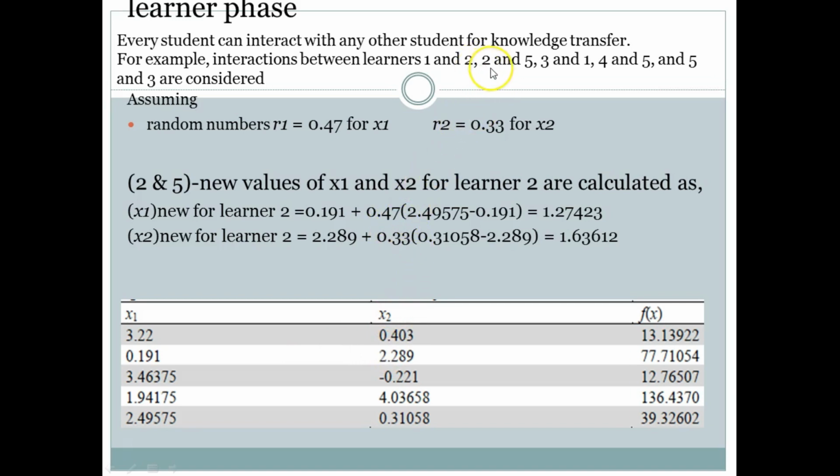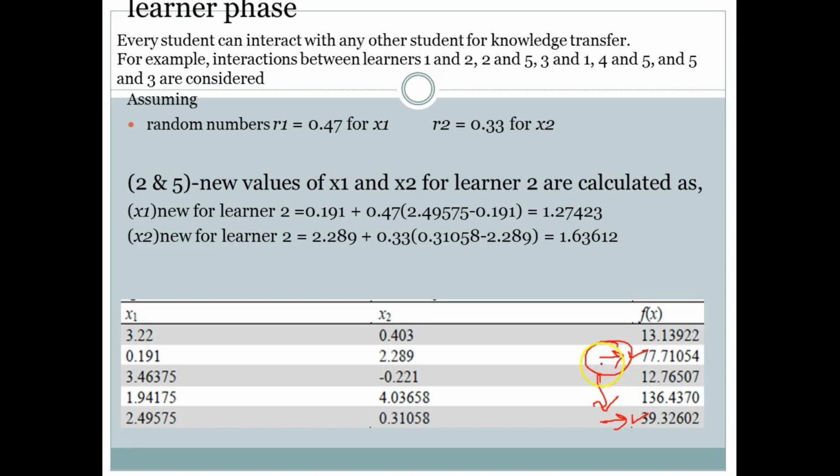Similarly, if you look at 2 and 5, this and this, this value is not better than the value of 5. Here the value of 5 is better than the value of 2. So this learner is going to learn from 5.